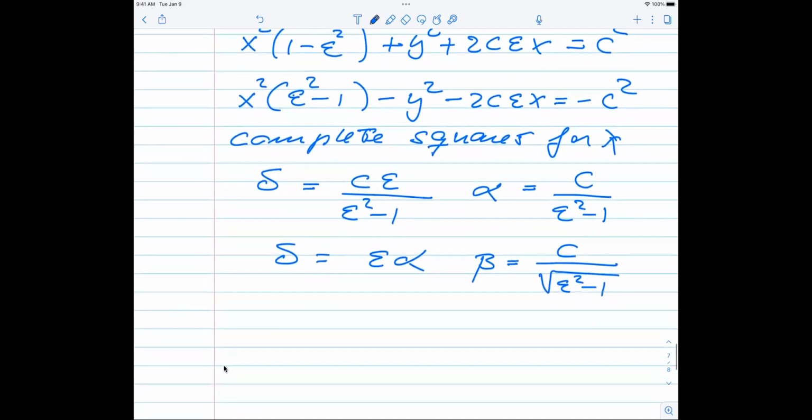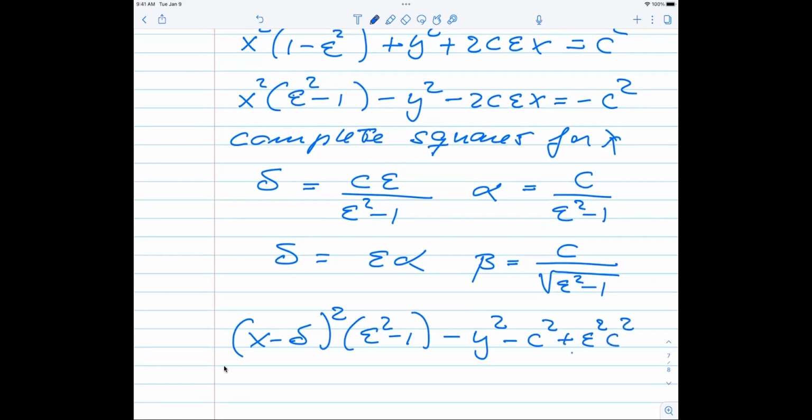So I can then rewrite this equation in terms of an x minus this delta squared. And this is going to give me x times epsilon squared minus 1. And then I have minus y minus this constant c squared plus epsilon squared of c squared, which is actually this delta.